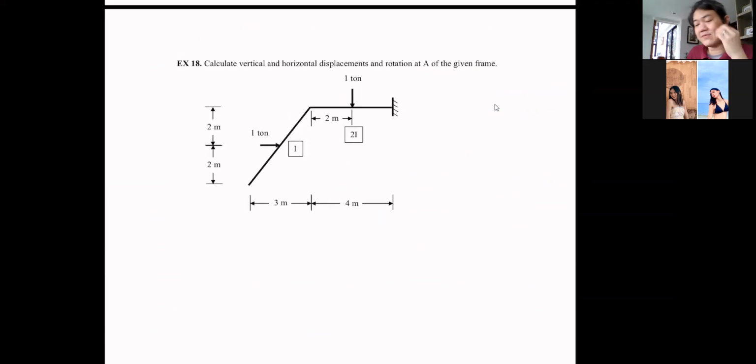Now, again, this structure has 2 members, but because of the presence of the point load in each member, you cannot have one integral, because your moment diagram is not going to be one straight line or one curve. So yeah, hard work again, isn't it?